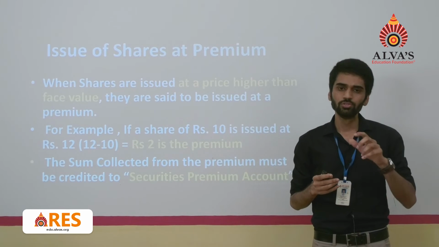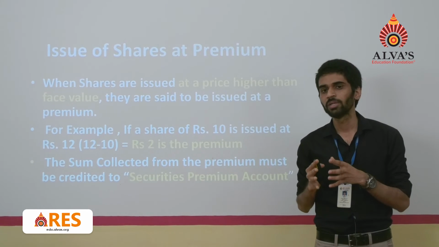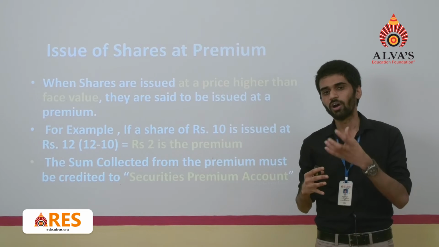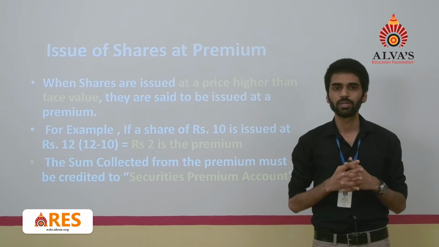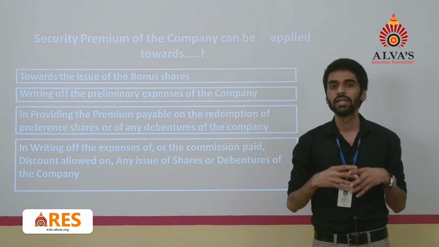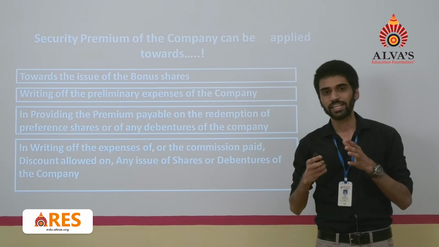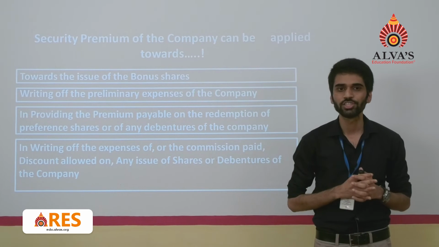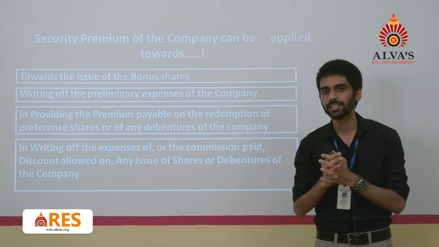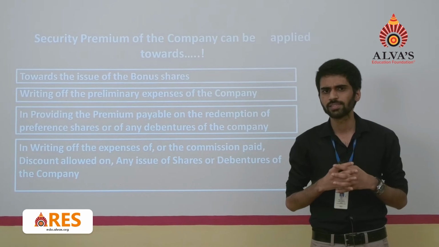It cannot be used for the ordinary purpose. The monies transferred to the securities premium account cannot be used for the ordinary purpose. There are certain purposes for which the amount collected in the securities premium account can be used. So, it can be used towards the issue of bonus shares. It can be used towards the writing off of the preliminary expenses of the company which were incurred while setting up the business.